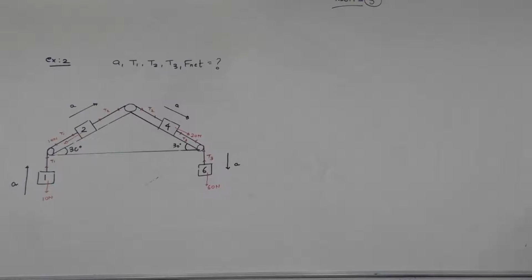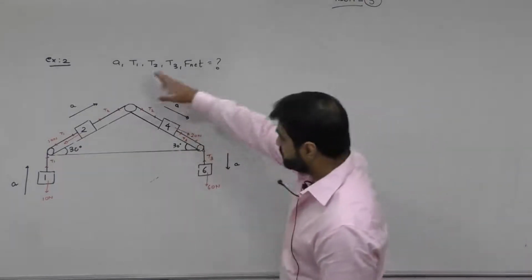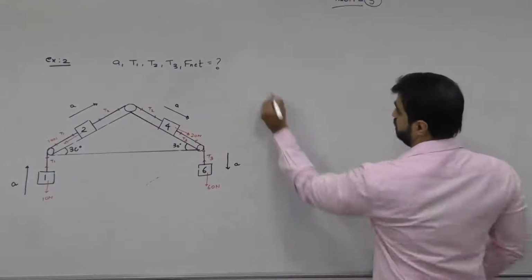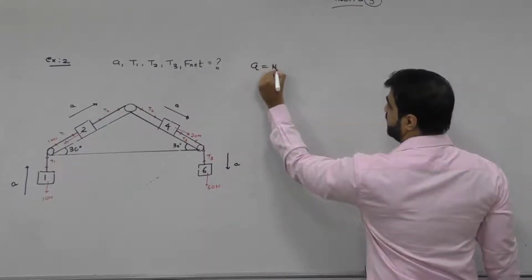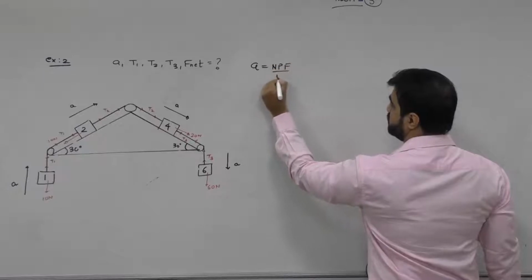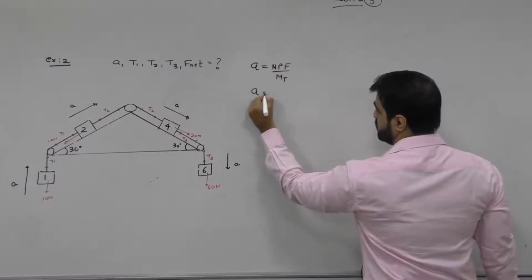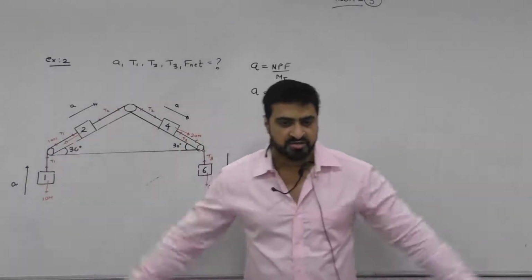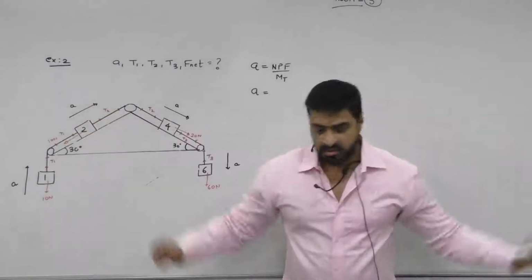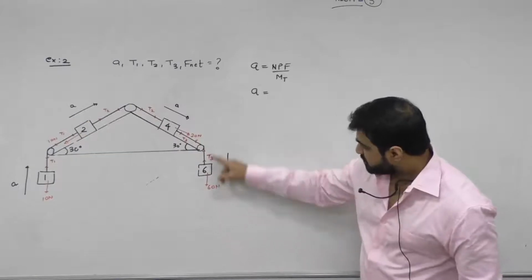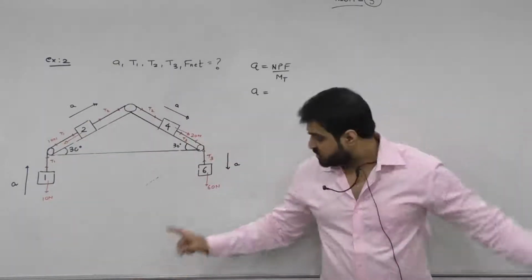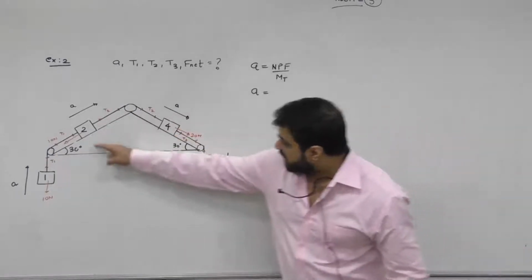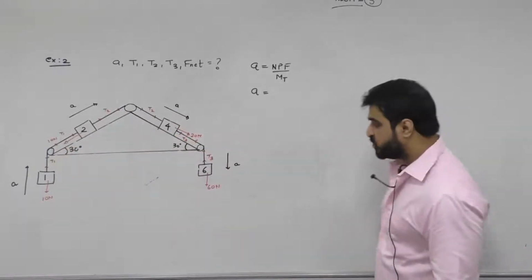Yes or no? Now I need the acceleration. The general formula for acceleration is what? We have done it. Net pulling force upon total mass. How much is the net pulling force? In your imagination, try to make the string straight. This part is 60 plus 20, 80. This part is 10 plus 10, 20.